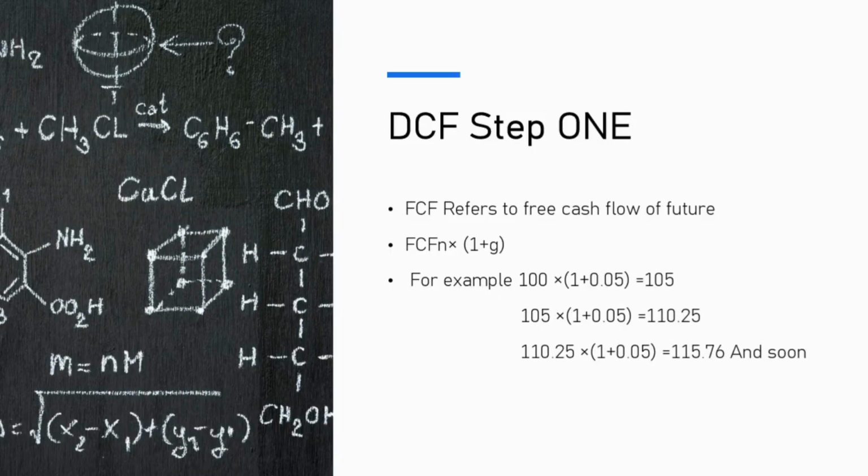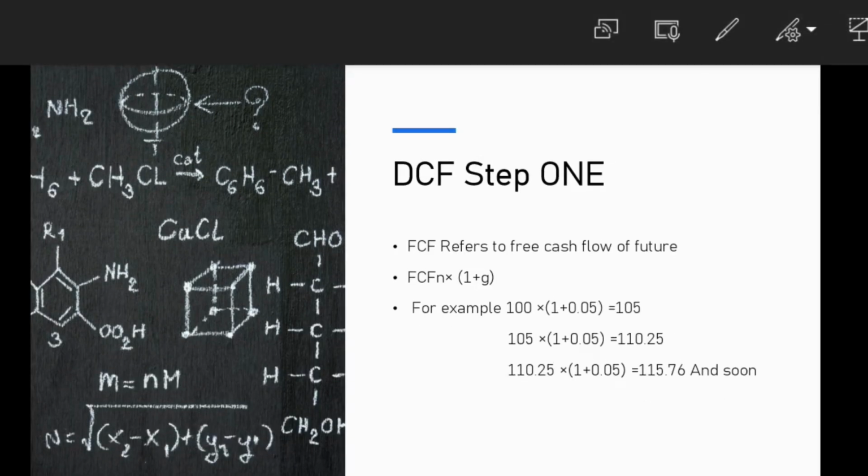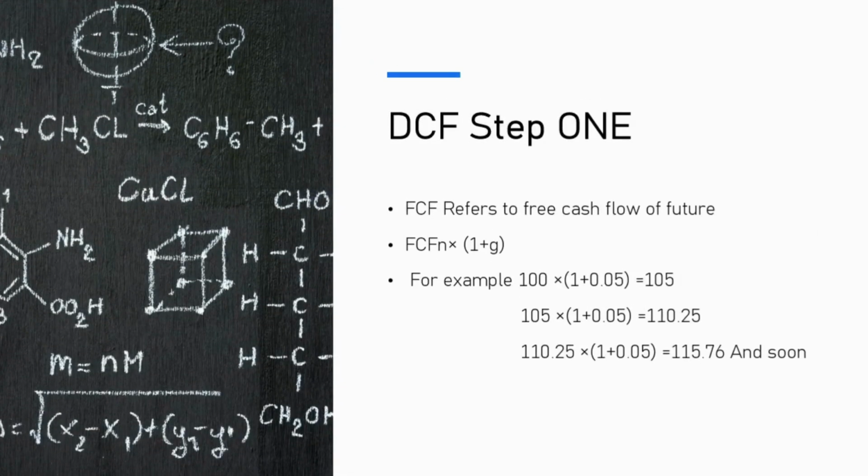So the first step is FCF. Sorry, here it is FCFF. Okay, so here double F is there, FCFF. By mistake I wrote it differently, wait, I need to show you all, wait a second.